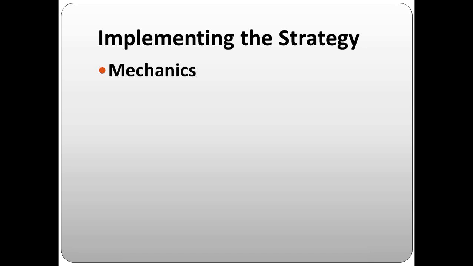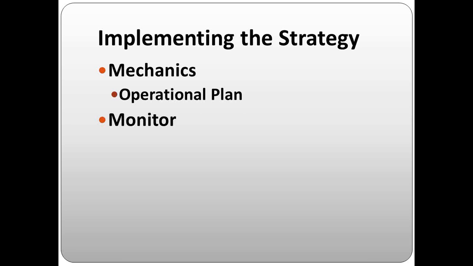So the mechanics of the strategic plan, it is your operational plan, and you put together the written operational plan of your ministry, who's going to do what and when and how, and they're going to have this work done by this time, and they're supposed to be accomplishing the following things.